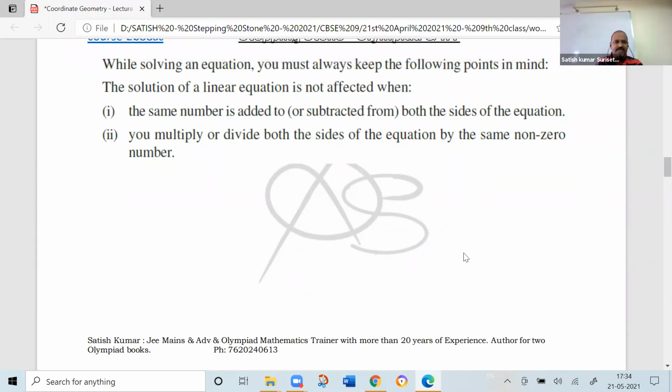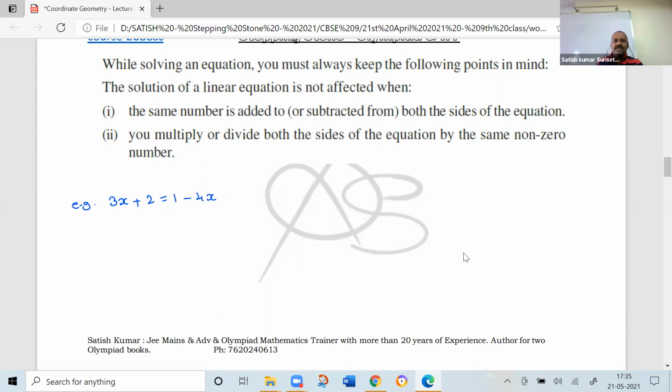Let us take one more example. 3x plus 2 equal to 1 minus 4x. Solve this equation and tell me the solution. x equal to minus 1 by 7. Correct, good. Here you group the x terms on one side. 3x is on the left and minus 4x is on the right side.